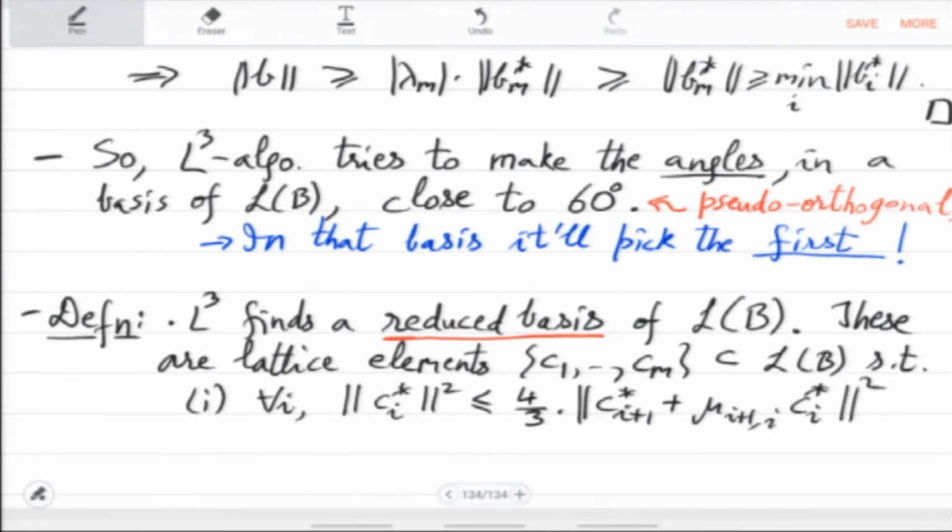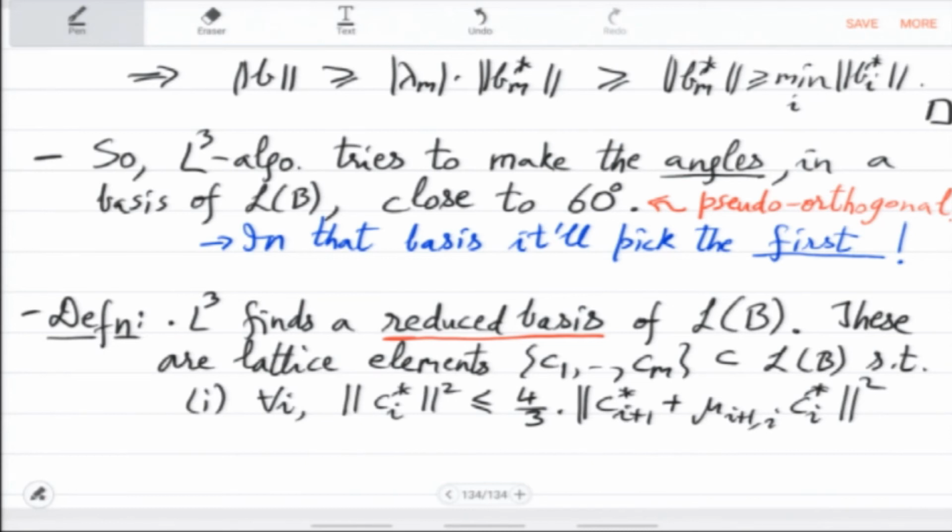Okay, so this is the first condition. You first look at the GSO of C1 to Cm. So let us say it is C1 star to Cm star. Let us just look at C1 star and C2 star. So what is this condition saying for that?